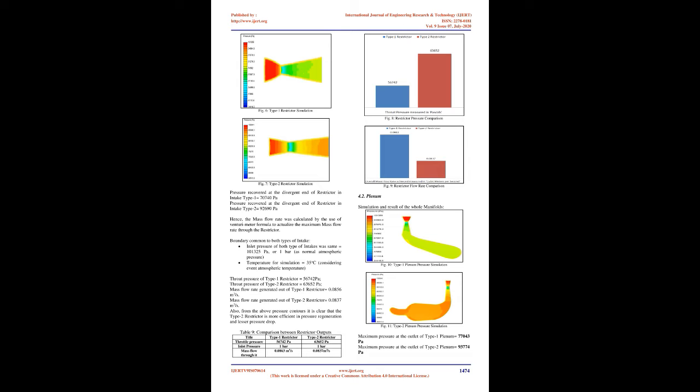L equals length of the runner equals 381.77 mm. V equals cubic capacity of the engine equals 373 cubic centimeters. FH equals 176.824 Hz.